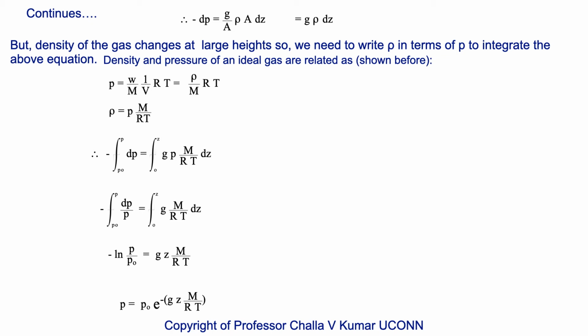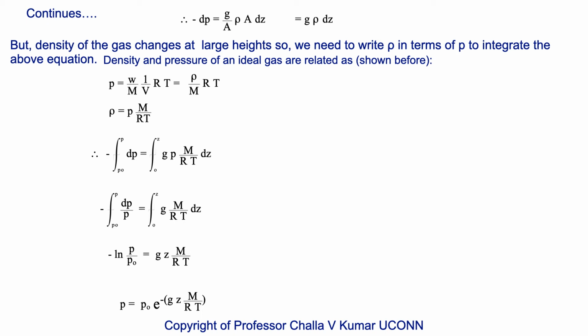Now, what we have done is shown that the pressure of a gas in a gas column depends on height, and it depends on height exponentially, as a decreasing exponential. And so as we travel up, pressure drops.